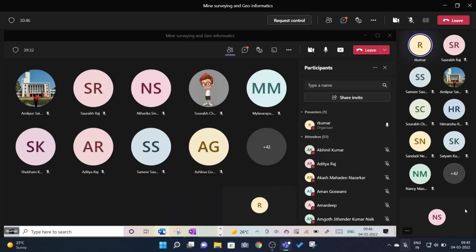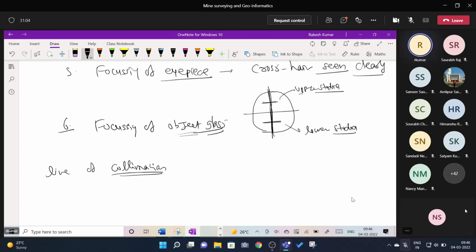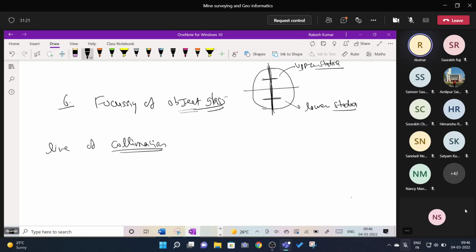Now, more things I will ask. What is the line of collimation? The horizontal line at the center? How to define the line of collimation? Sir, the horizontal line passing through the center of the object glass. If you want to understand, just see. Suppose I am drawing your telescope.